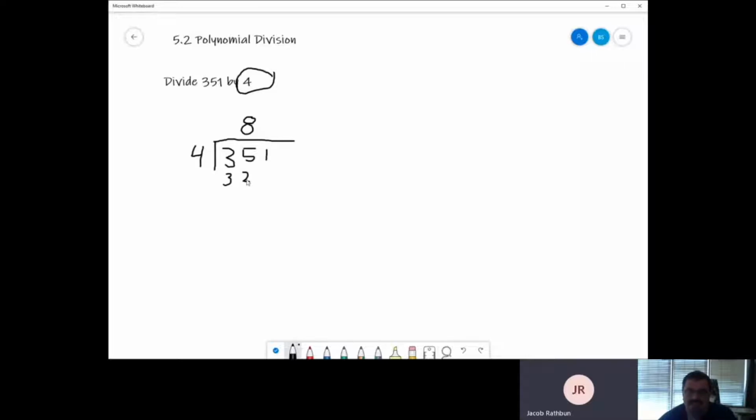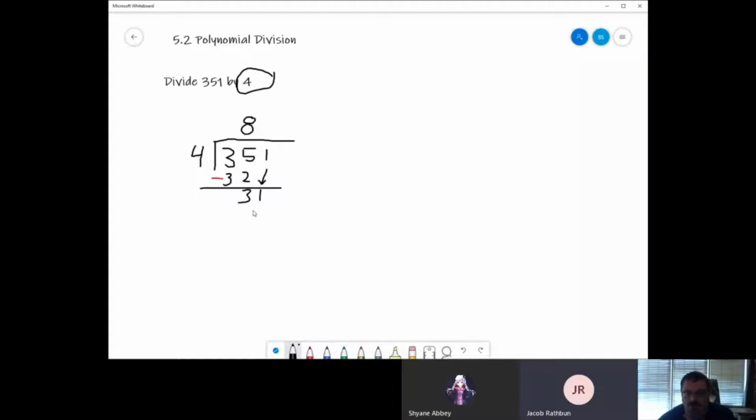Technically at this moment, that 32 is a positive. Now we're going to subtract, which means we put a negative here, which switches that sign from a positive to a negative. This brings it down to 31, and then we bring down the 1.